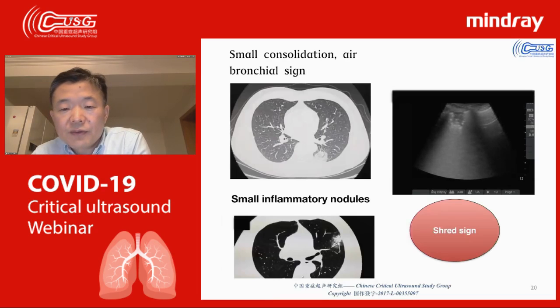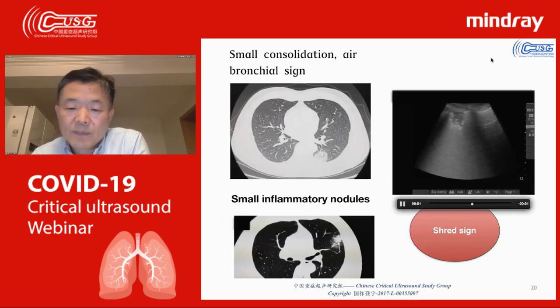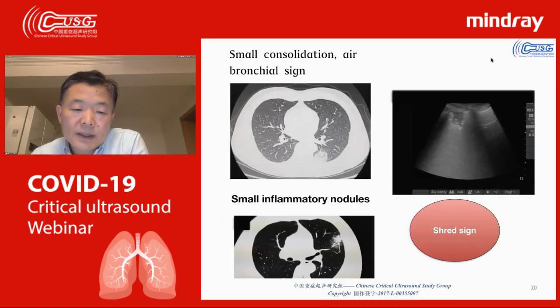Sometimes we use this kind of sign to give you some ideas, to think about pulmonary embolism. But this kind of sign can also be found in NCP. It's a shred sign. You see here some local small nodules, so you will see this kind of shred sign.